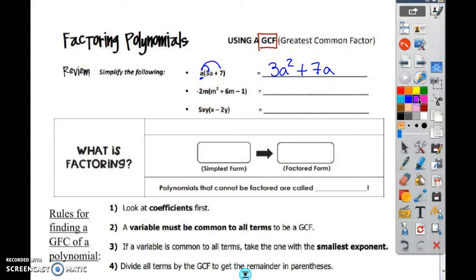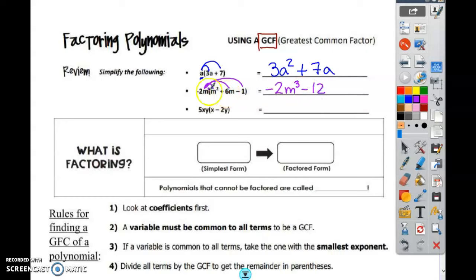So the second one, if I multiply everything by negative 2m, negative 2m times m squared is negative 2m to the third power, because there's 1 right there and 2 right there. When you multiply it, now I have 3 of them. Negative 2 times 6 is negative 12.